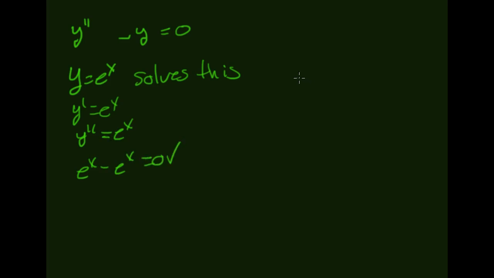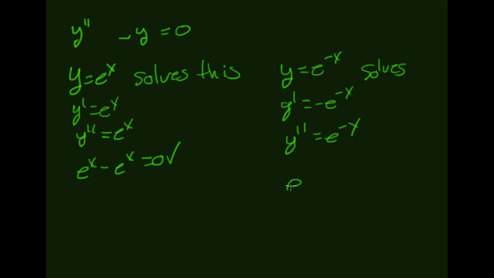Likewise, y equals e to the negative x solves this, because y prime is negative e to the negative x, y double prime is e to the negative x, and e to the negative x minus e to the negative x is 0. So both of these are solutions to this second order linear homogeneous differential equation, because that's 0. Pretty simple and straightforward.